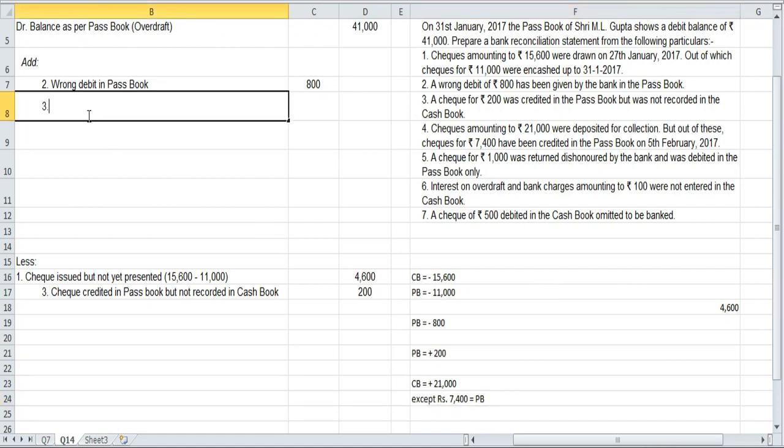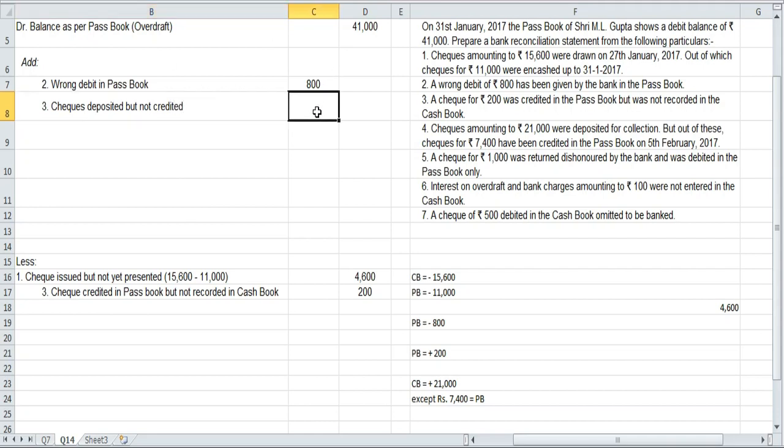So we'll write here number 4, checks deposited but not credited, 7,400.